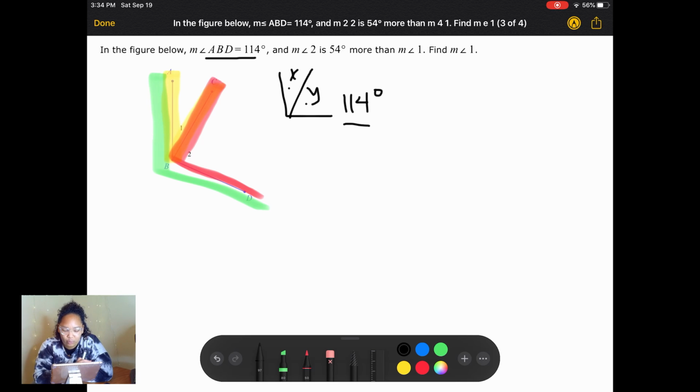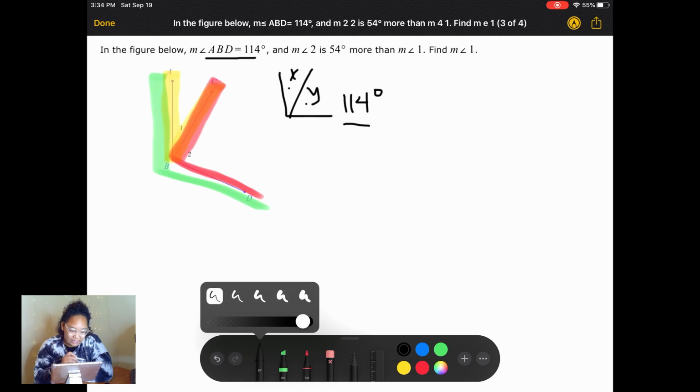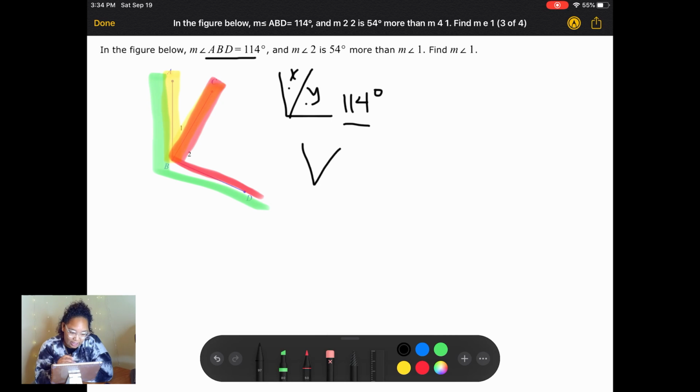That's what I want you to hold on to, because a lot of people get confused when we get into the abstract idea of what this is really talking about. Technically I have this angle and this angle, and these two things together make that big one.